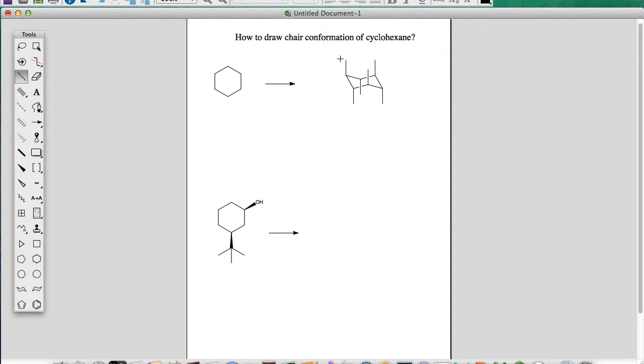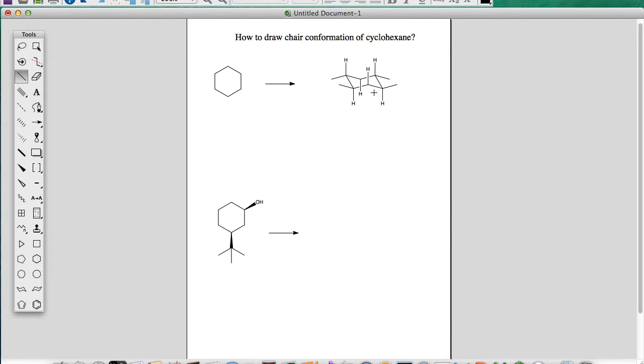So here we have all the hydrogens for the axial, and then we're going to put in the equatorial hydrogens. Here we have the equatorial hydrogen parallel to this bond, and this equatorial hydrogen has to be parallel to this bond, and then we have that one parallel to that bond, and this one parallel to this bond.